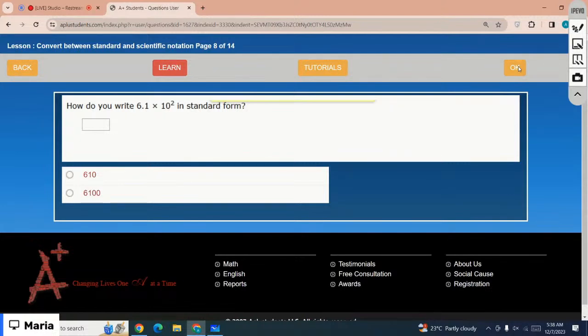How do you write 6.1 times 10 exponent 2 in standard form? Which is the correct option?